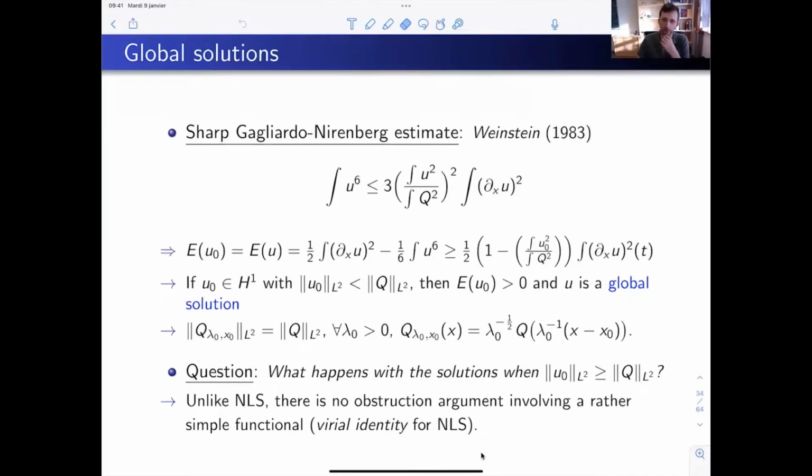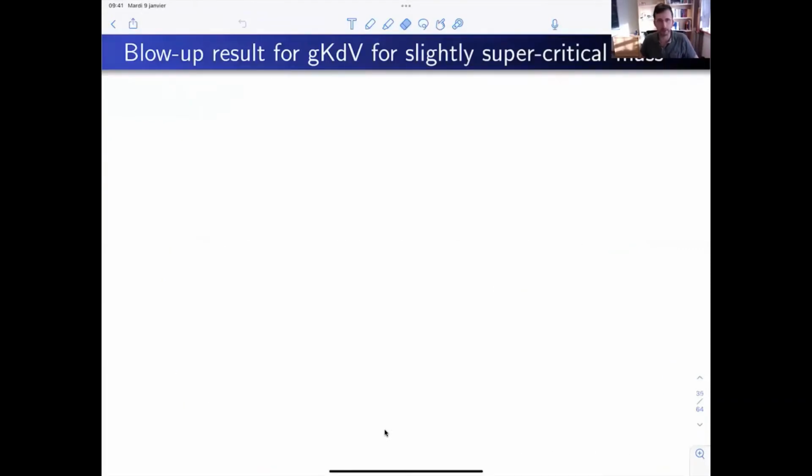For the NLS, you have a quantity called the momentum, you derive an identity, and if you differentiate it twice you get a sign, and by solving the ODE you see that you have an obstruction to global existence. Unfortunately, for the KdV type equation, you don't have any simple functional like that. There are some, but they are rather involved. And so the problem is difficult.